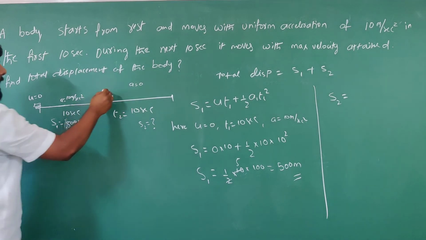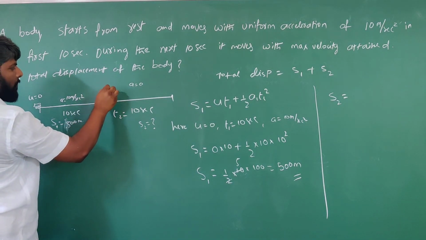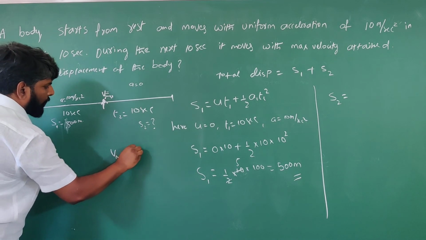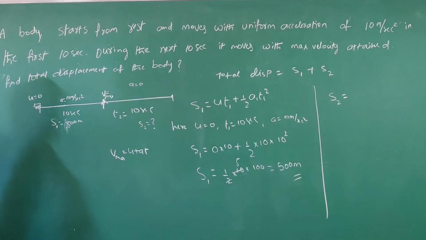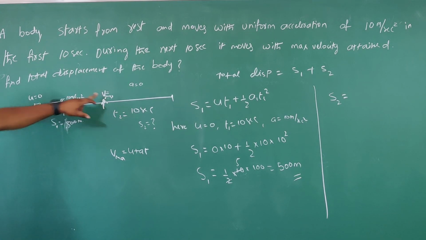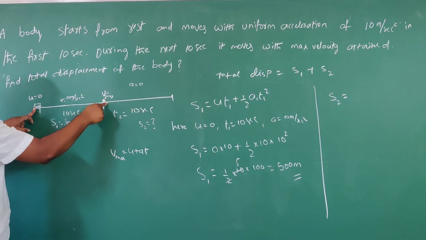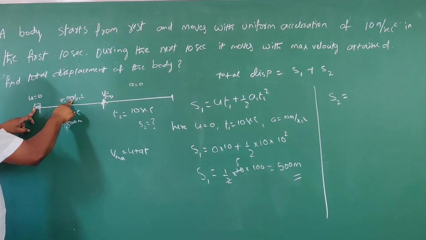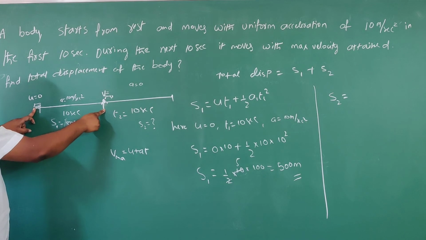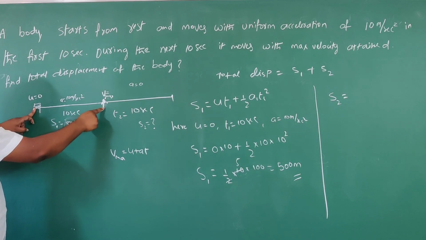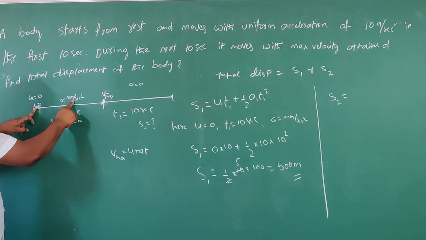That's why V maximum is equal to U plus AT from the formula. Here we know acceleration and time. To reach this point, how much time did it take? 10 seconds. With what acceleration? 10 meter per second square.